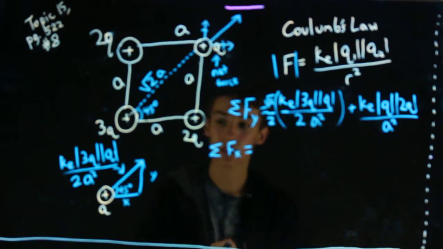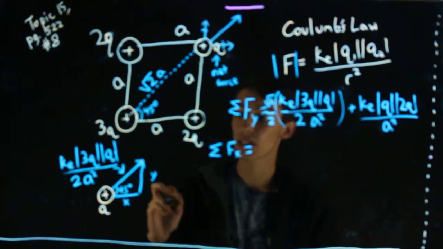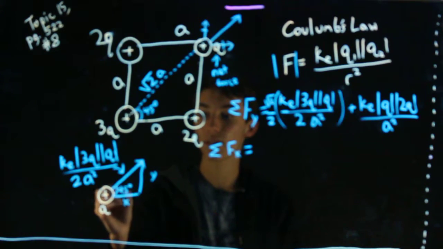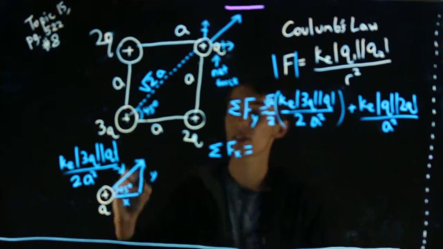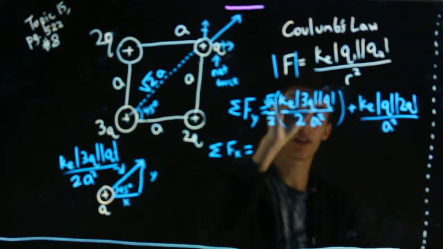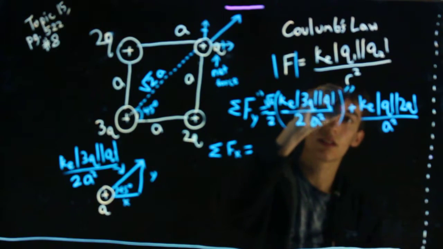Now to do the x direction, you could follow the exact same steps, but you'll notice that since this is a 45-degree angle, the x component from our diagonal charge is going to be the exact same as the y component of our diagonal charge. So this is the same.